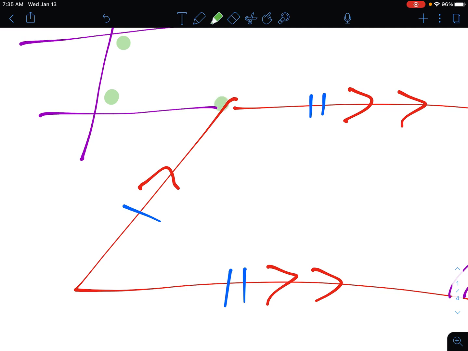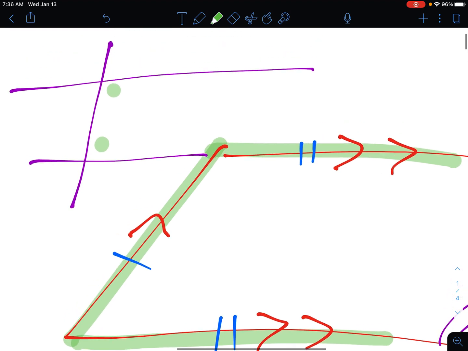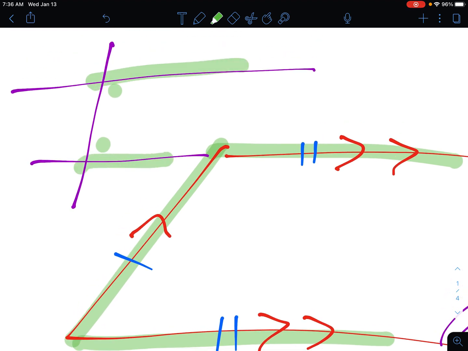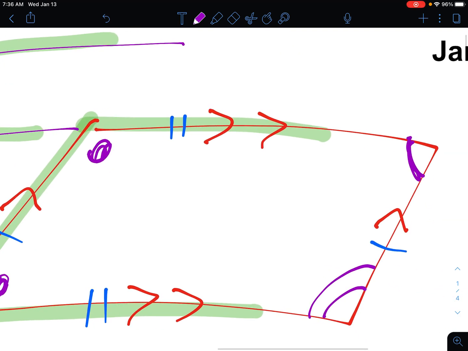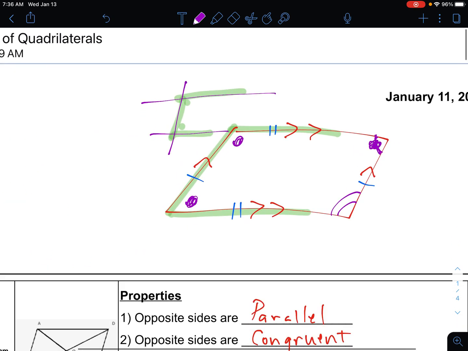We have parallel lines cut by the transversal, right? So these are the parallel lines cut by the transversal. That means consecutive angles going up and down are supplementary, or consecutive angles going left and right are supplementary. And so they add up to 180.